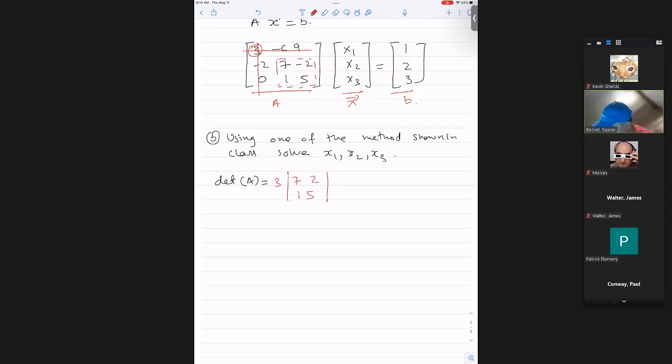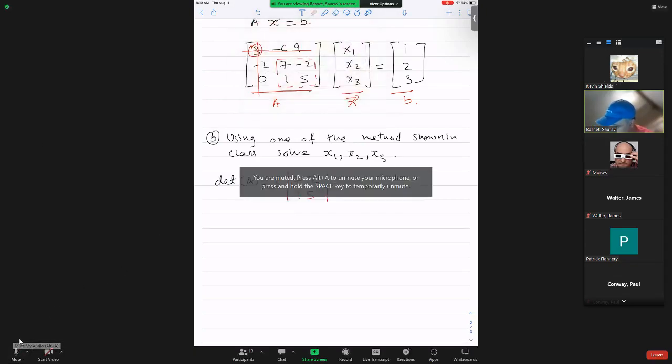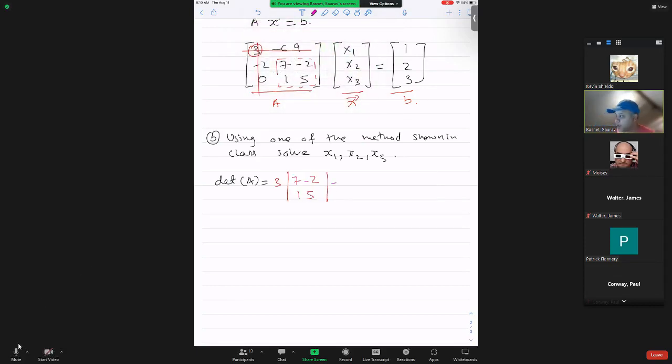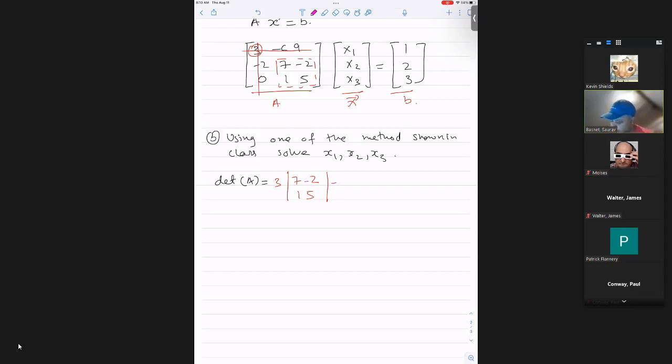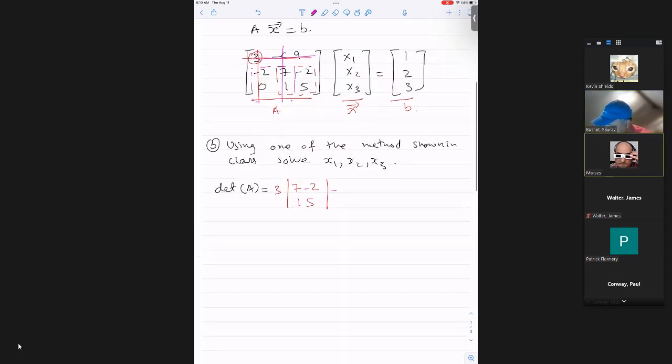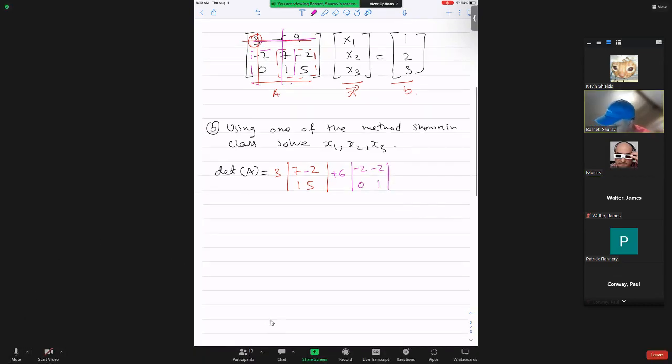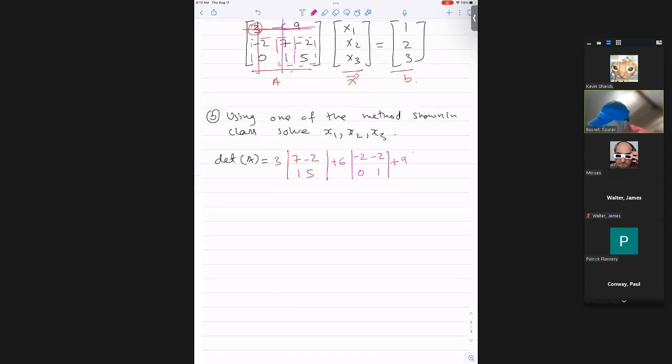Likewise, for the second, I take this column and this row out, and this is my submatrix. So it is minus 6, which would be plus 6, and then minus 2, 0, 5. Similarly, it will be plus 9.